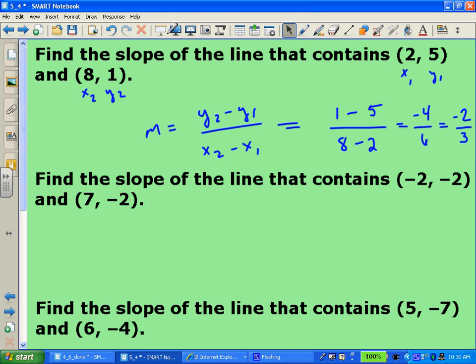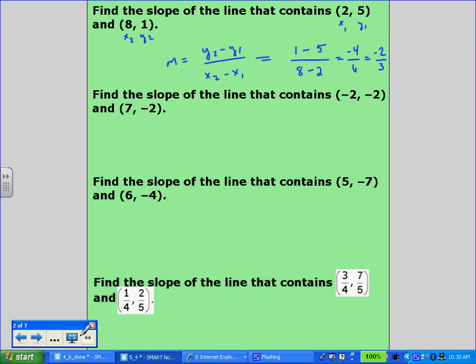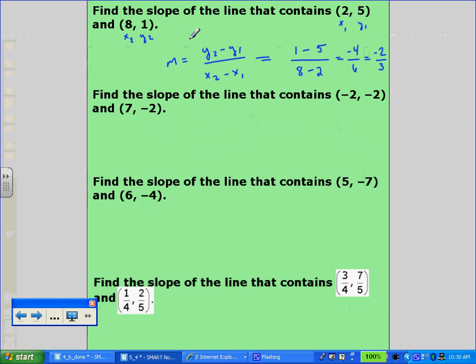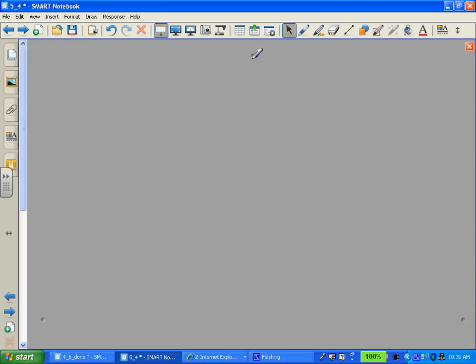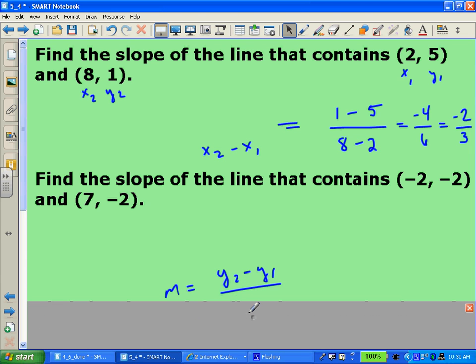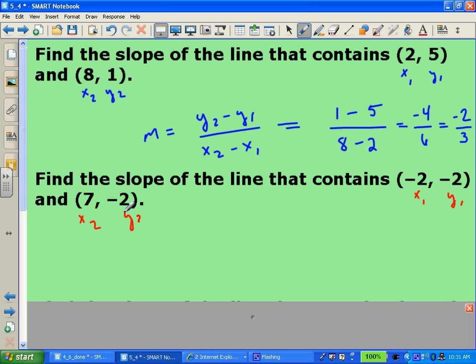Let's look at another one. So again, what we do is label x1, y1, x2, y2, and we do the same thing.